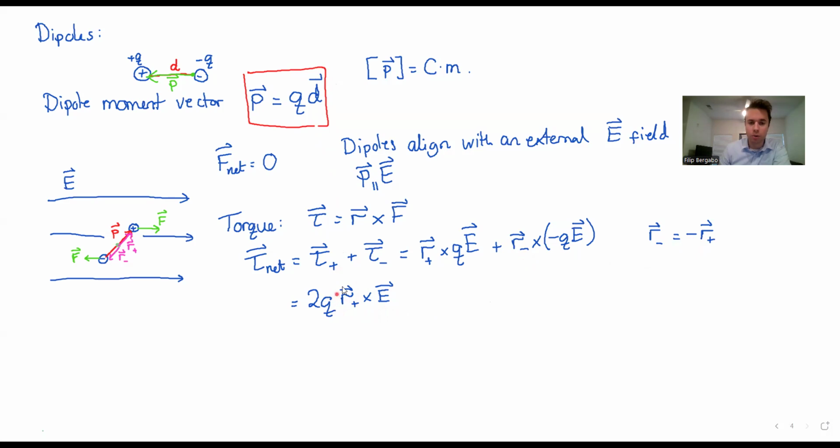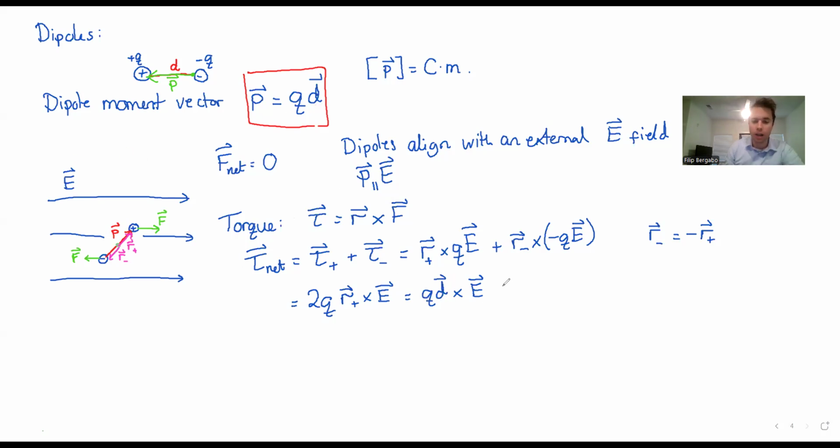So if we replace this with 1/2 d, then the factor of 2 out front will cancel with the 1/2. And all we get is qd cross E. Again, I hope that made sense. But qd, that's just the dipole moment vector.